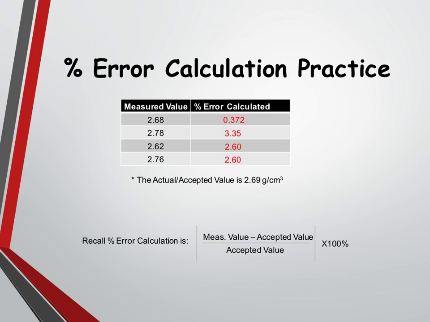Is that higher or lower than the accepted value? And you could say it's lower. So this is lower by the same amount of 0.07 as this one is higher, right? So they are the same distance away from 2.69. That's why they have the same percent error. It has nothing to do with plus and minus, right? We're just looking at the absolute percent error away from the accepted value.